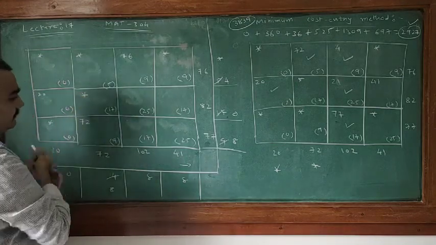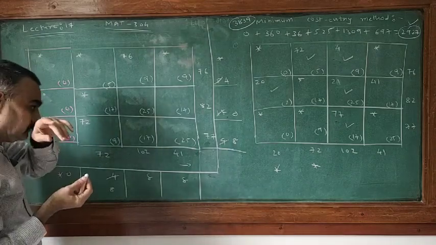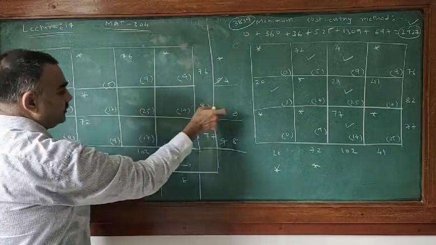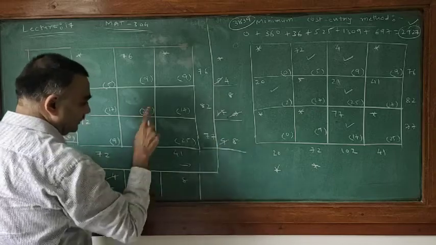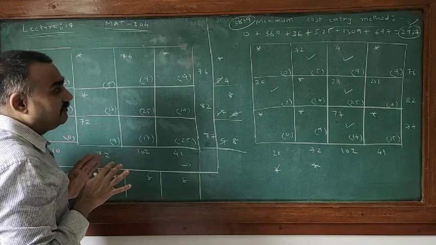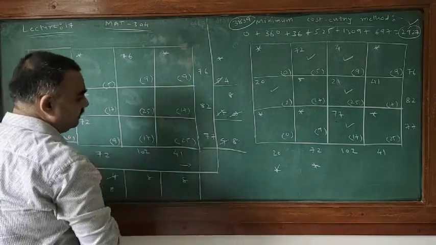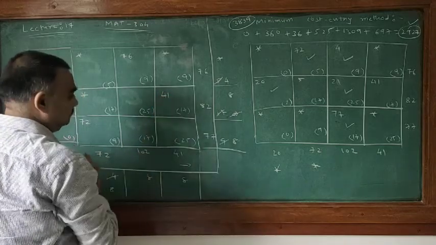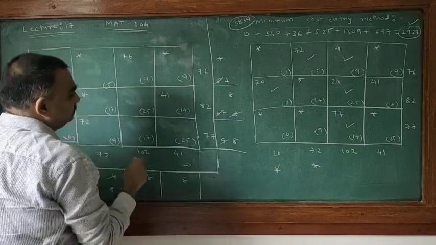Therefore, this is done. Now again we calculate 8, 8, 8 and 8. So now this sum is of the minimum cost entry method. Means here we can do 41. So this is done.